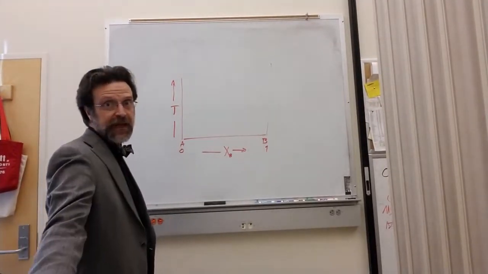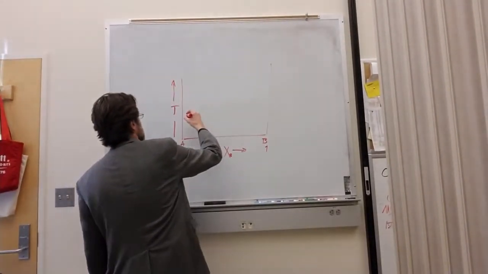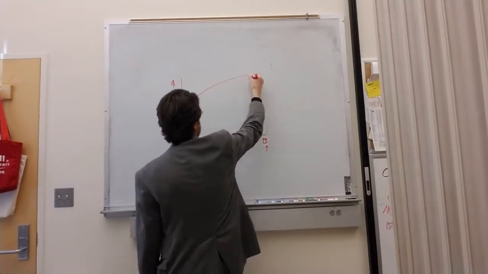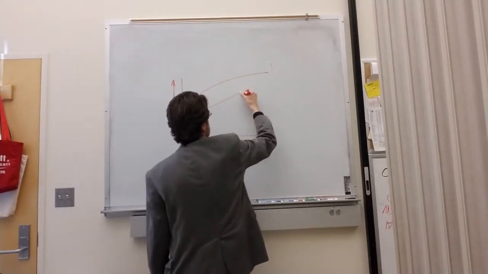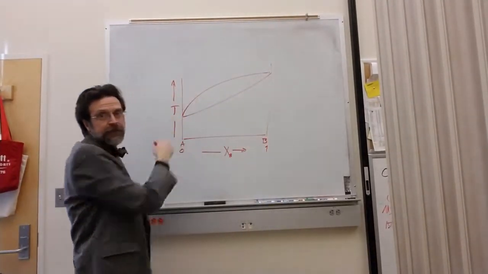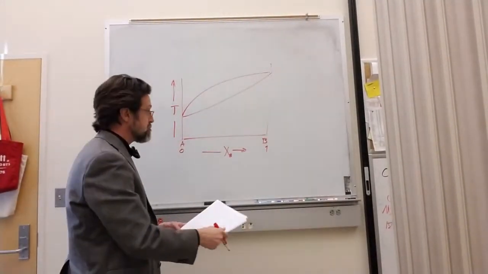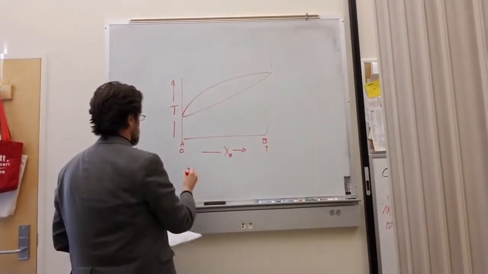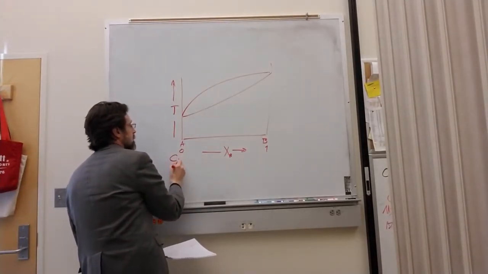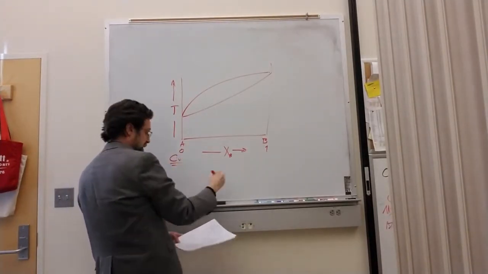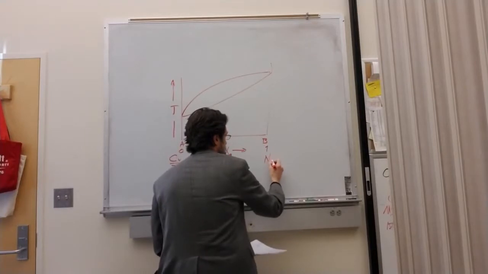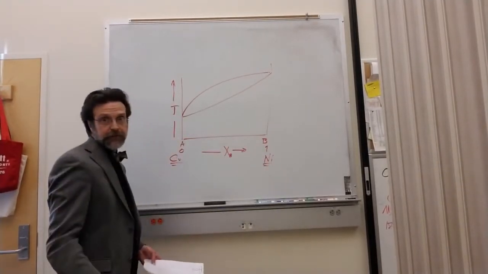The simplest phase diagram is going to be a phase diagram that looks like this. And you can imagine this type of phase diagram and the two elements that make this type of phase diagram would be having copper on one side and having nickel on the other.